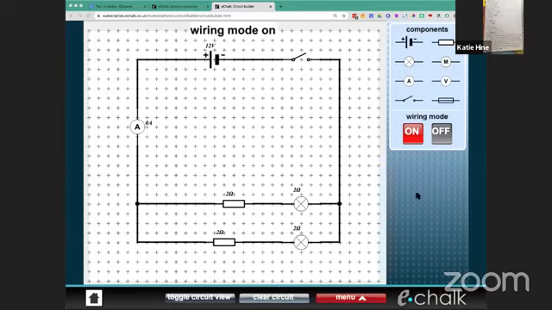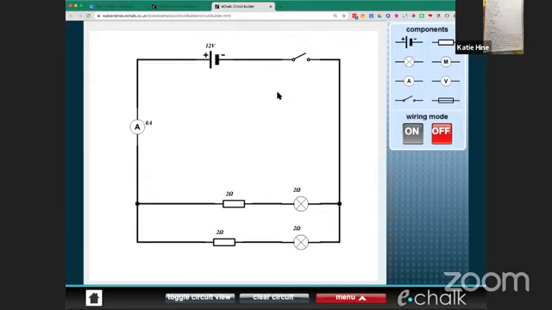So I'm giving you the mouse back again. Turn off the wiring modes. Can you tell me what's happened to the total resistance of the circuit now that you've added another resistor in parallel?